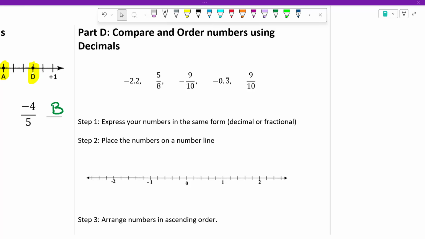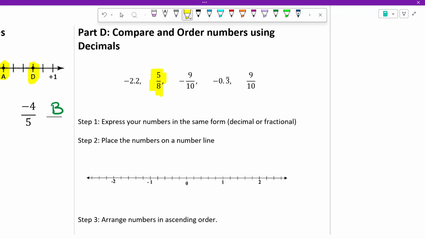5/8. Eighths. This is another one not used as often, but it's quite a common one. Does anybody know what 5/8 is as a decimal? If your parents are into plumbing, they probably know this. This is a standard pipe size, 5/8.